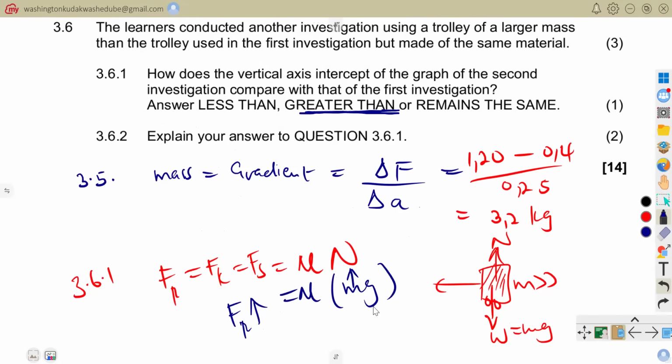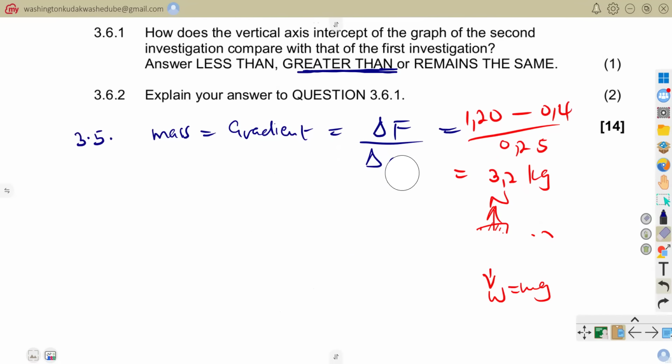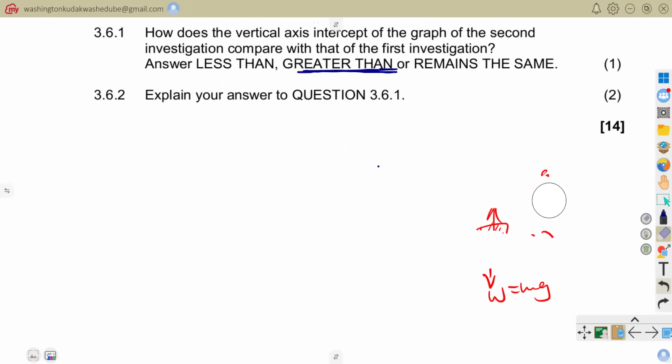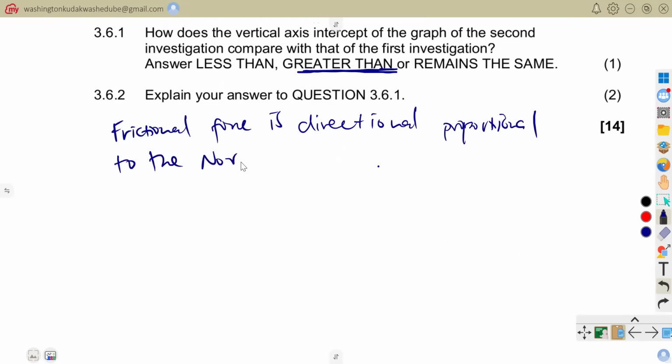Explain your answer. Let me give that explanation. Frictional force is dependent on the normal force. You will say frictional force is directly proportional to the normal force.